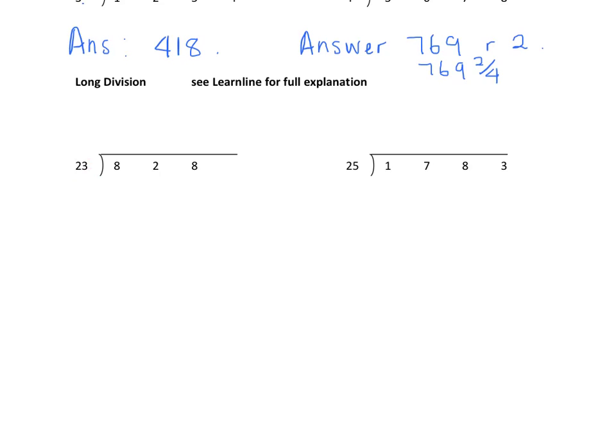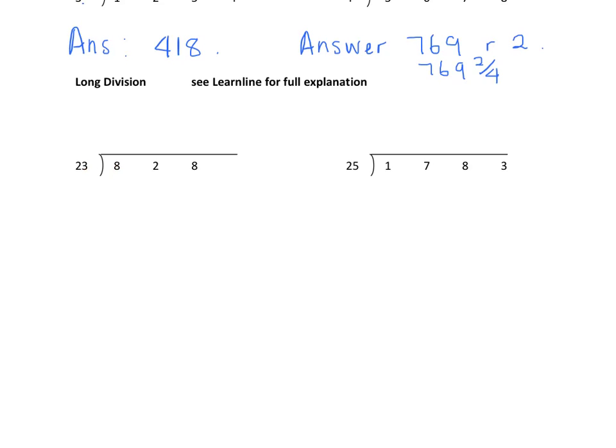I'm not sure of the page. So we begin in exactly the same way, recognising that we have hundreds, tens and units. Beginning on the left-hand side, how many 23s divide into 8? Well, 23 doesn't divide into 8, so there is nothing in the hundreds column as an answer.